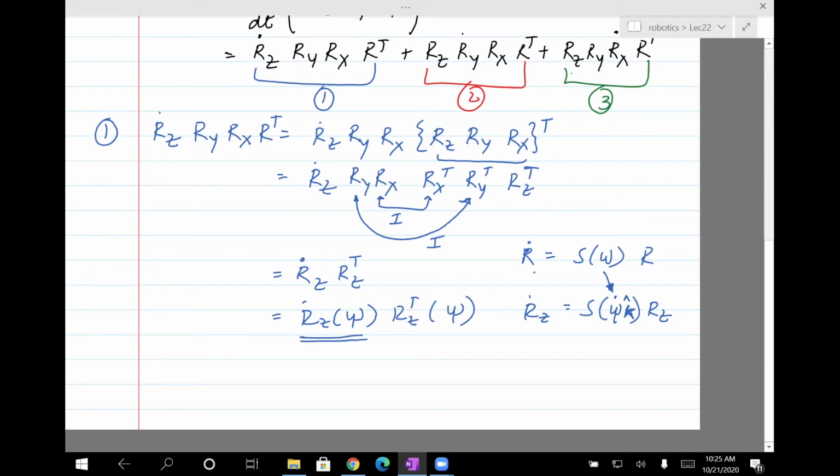So what I'm going to do is use this expression to get this, and I'm going to sub this inside here, to get S of psi dot K Rz transpose.